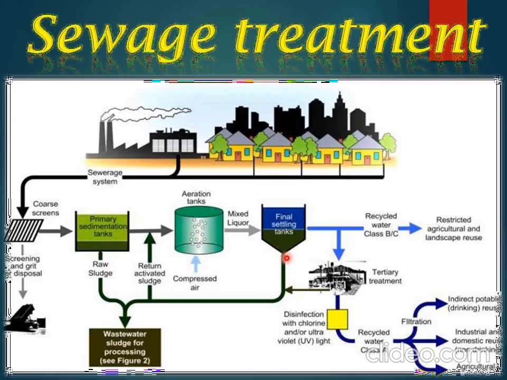Finally, settling tanks, and then recycled water, restricted for agriculture and landscape reuse. Then tertiary treatment, then recycled water, then filtration, indirect potable drinking use, industrial and agriculture. This is how sewage treatment is done. Okay, so that's all in this chapter.